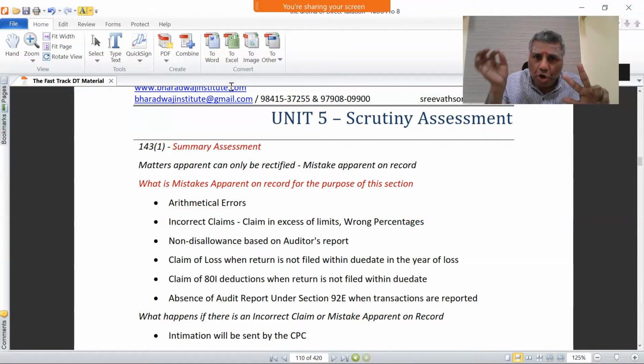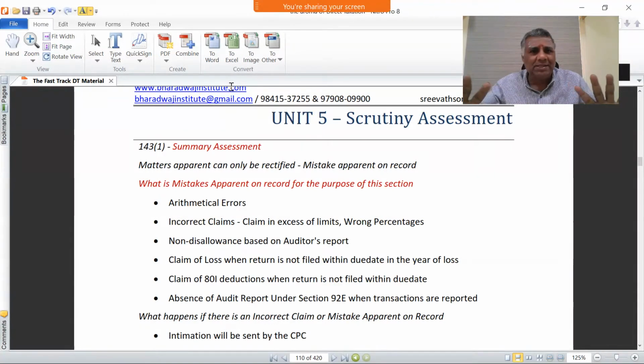Second, notice for scrutiny assessment. Third, scrutiny assessment by itself. Shall we start?